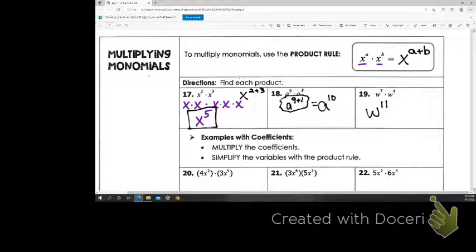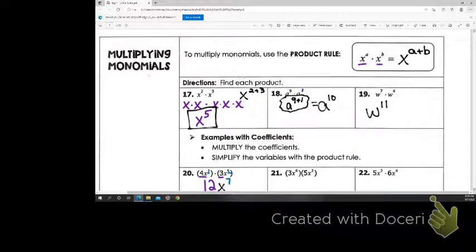So you should not find yourself doing the same thing with the coefficients as the exponents. So 4 times 3, 12, keep your base, and then 2 plus 5 makes that 12x to the 7th.